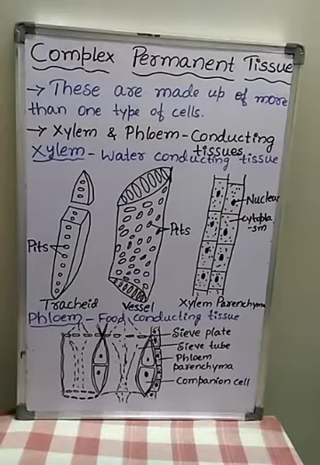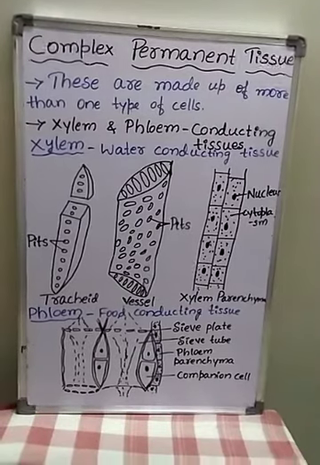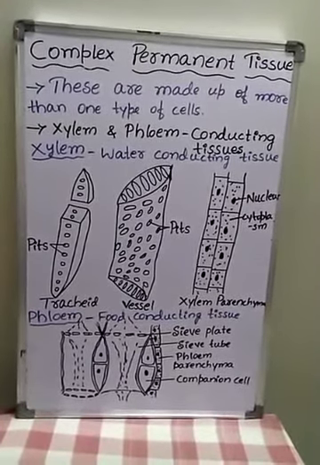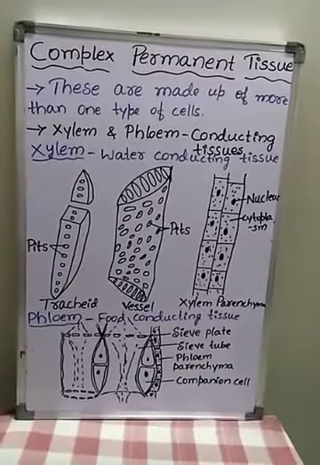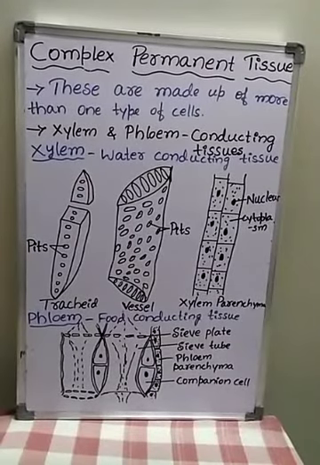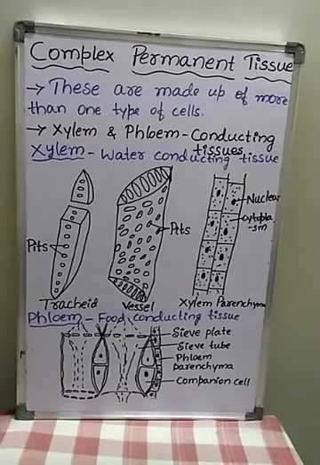Only phloem fiber is a dead cell. The remaining 4, sieve cell, sieve tube, phloem parenchyma and companion cell, are living cells.